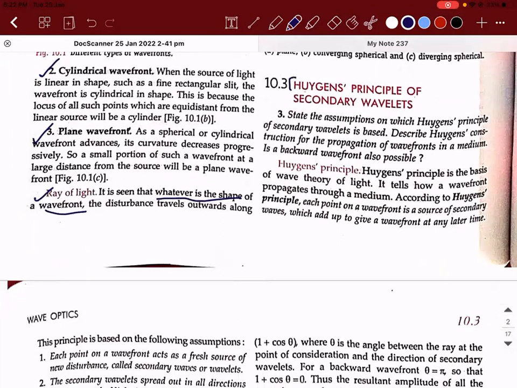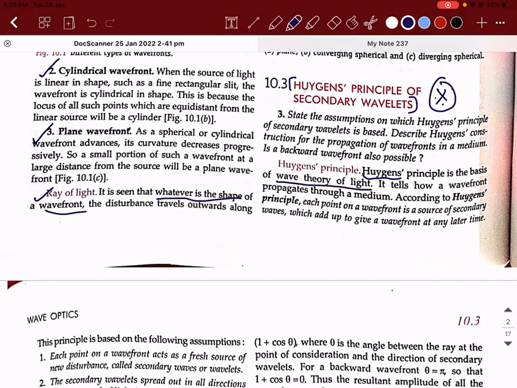Now coming to an important theory, the Huygens principle of secondary wavelets. Please write it down. Huygens principle is considered the basis of the wave theory of light.